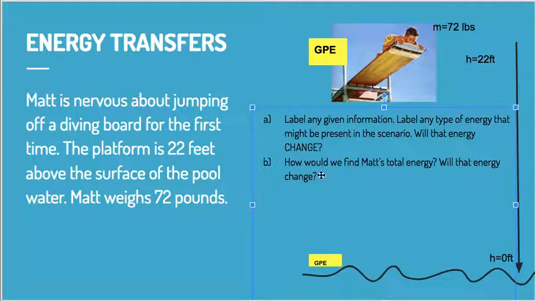And then as he falls, kinetic energy is going to increase because his speed is going to increase. So anything that falls down to Earth is going to accelerate, which means it's increasing speed every second. So after 1 second, it might be traveling 10 meters per second. After the next second, it will cover 20 meters in 1 second. So we know speed is going to increase. So I will label that now.